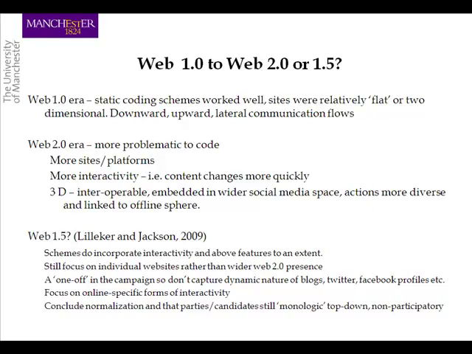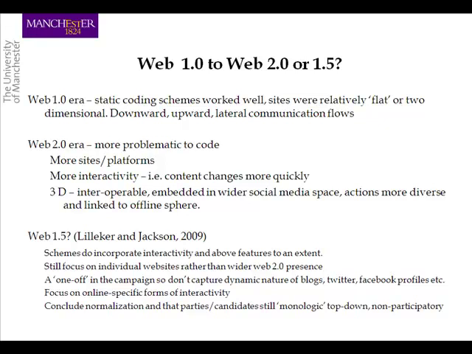Interestingly, the work that's been done, still using this adapted or hybrid Web 1.5 approach, has largely concluded that normalization, meaning that the big parties dominate, is still the case, and that parties are just not interactive. Lilliker and Jackson called them monologic: top-down, non-participatory.